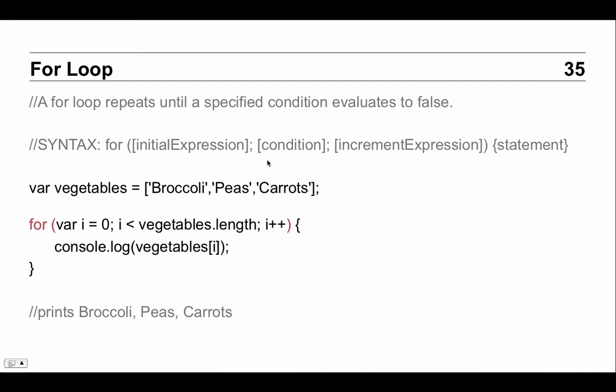When i has been incremented to the same number as the number of elements in the array, in other words, when we've listed all of the items in the array, then the statement that i is less than the length of vegetables is no longer true, and because it's false, this loop stops running. So this loop essentially will print broccolis, peas, carrots in the console, and then it will stop running.